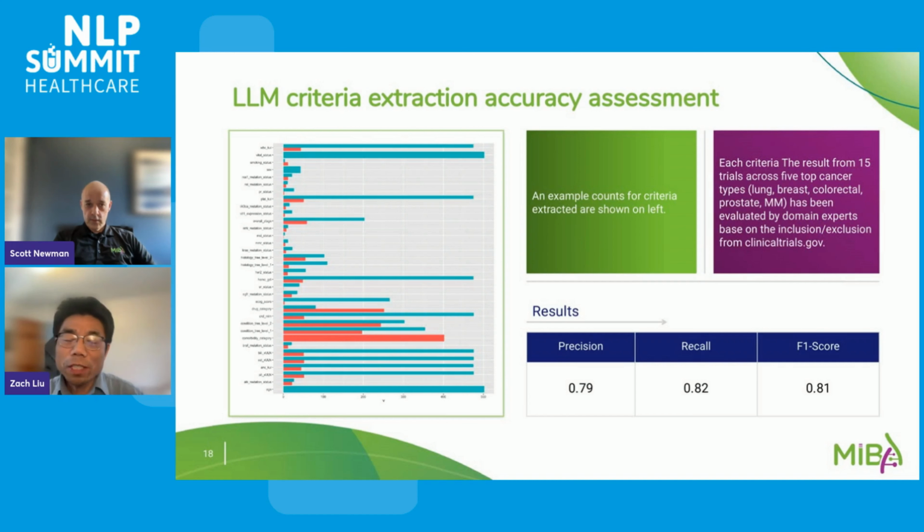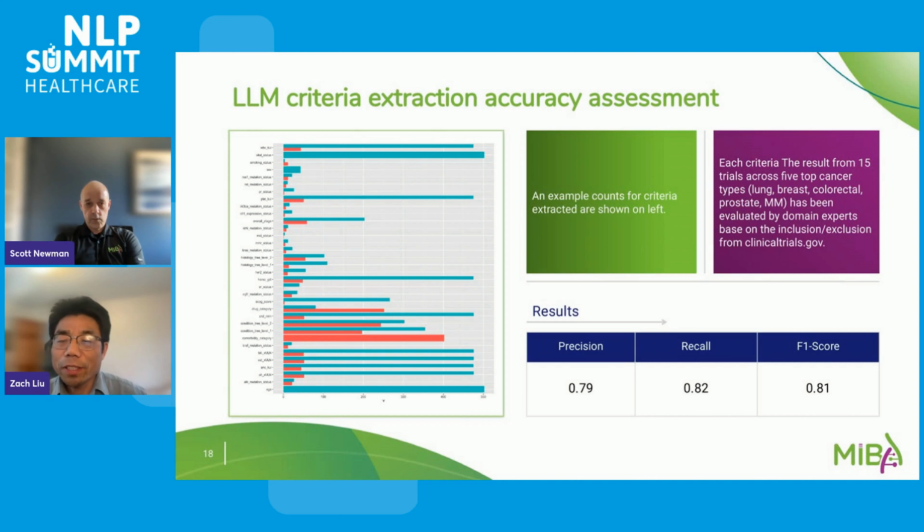And to evaluate the performance of this, we sampled 15 trials from the top 5 cancer types listed here. And the experts, who have an MD degree and experience with clinical trials, gave their judgment on whether each criterion we extracted was a false positive or false negative.